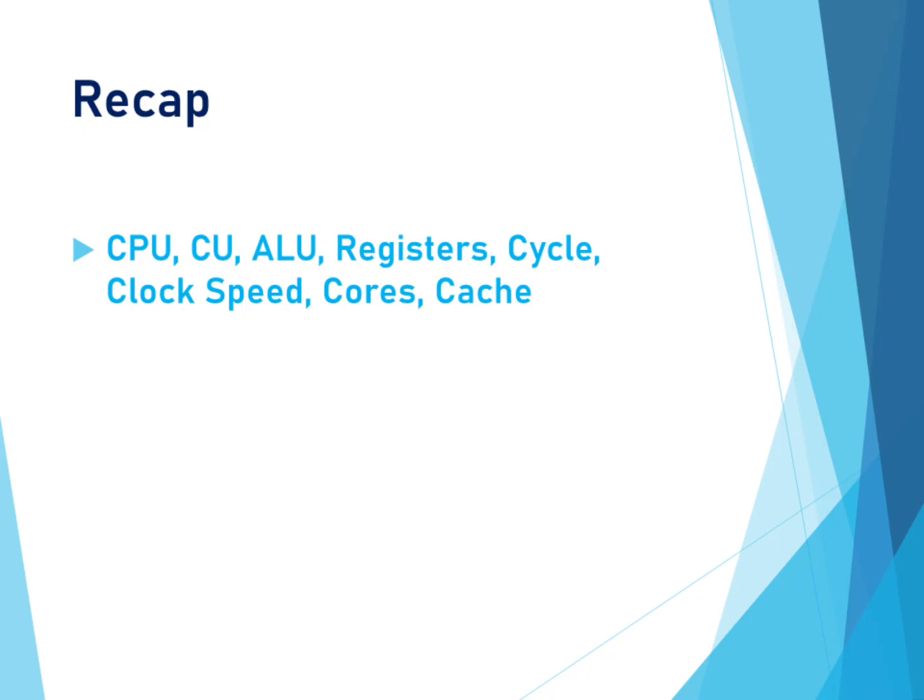CPU speed is measured using clock speed. Multiple CPU cores improve multitasking. Cache memory stores frequently used data for faster access. CPU, RAM, and storage each have different roles, but they all work together.